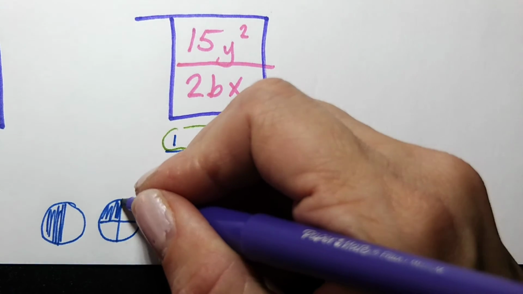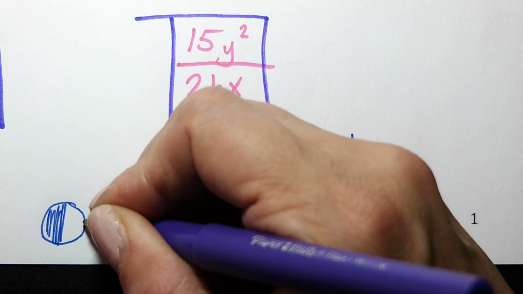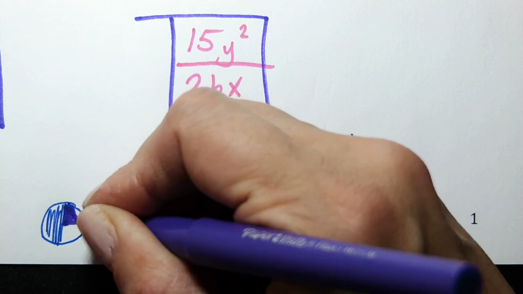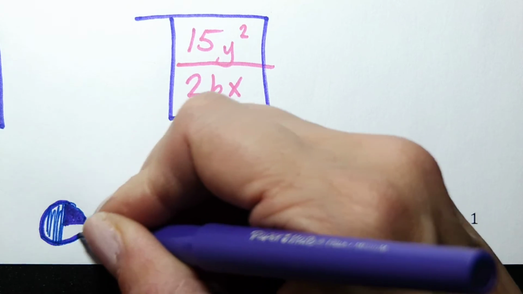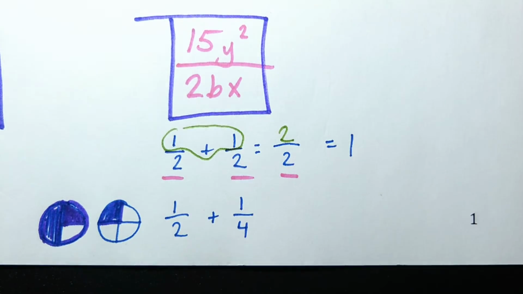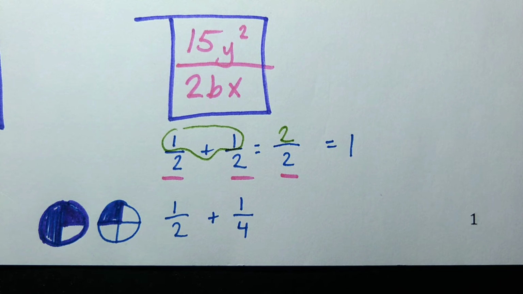If I move this slice over here, over to that wedge, how much pizza do I have here? 3/4. So again, it's not quite as friendly as 1/2, but we can still kind of visualize it.